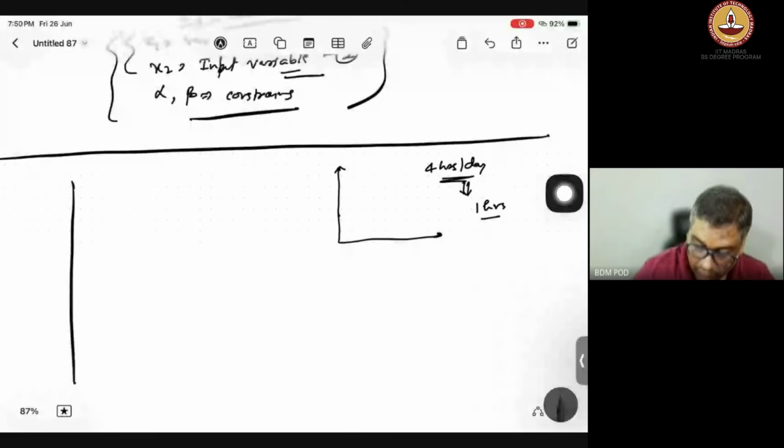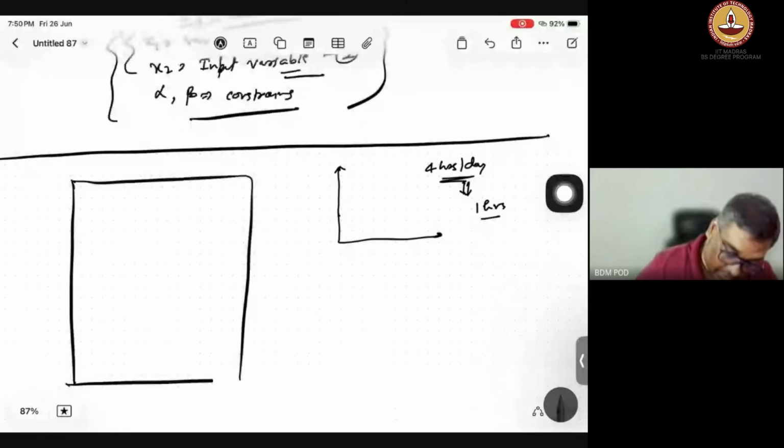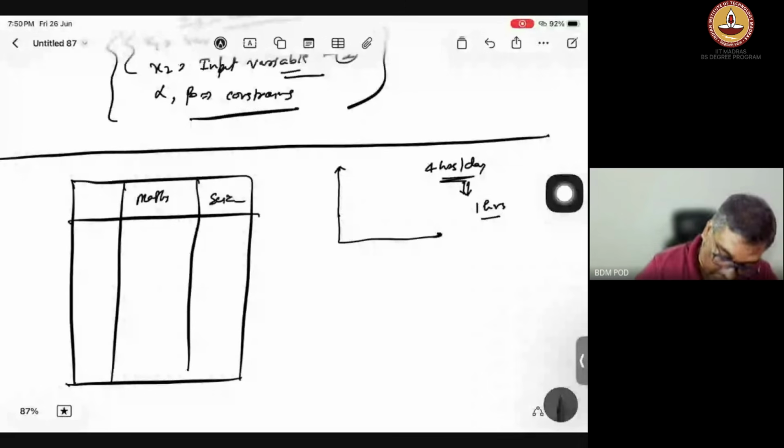Okay, I'm making a table, so this will give you clarity. Suppose he is studying maths and science in week 1. Okay, so this is your time. He has a fixed amount of hours, that is 4 hours. So what can he do now?